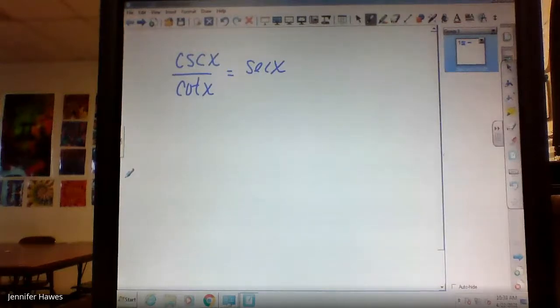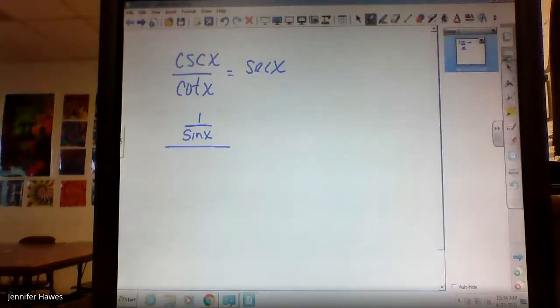So what is something I can substitute in for cosecant x? 1/sine. Okay, so I got 1/sine, and then what can I put in for cotangent?